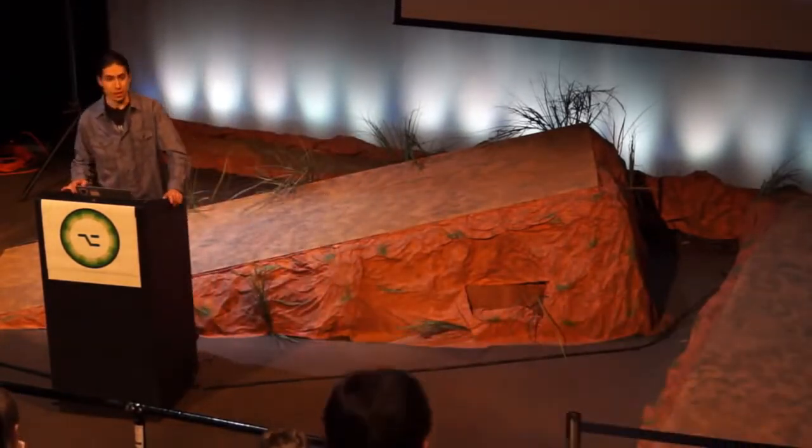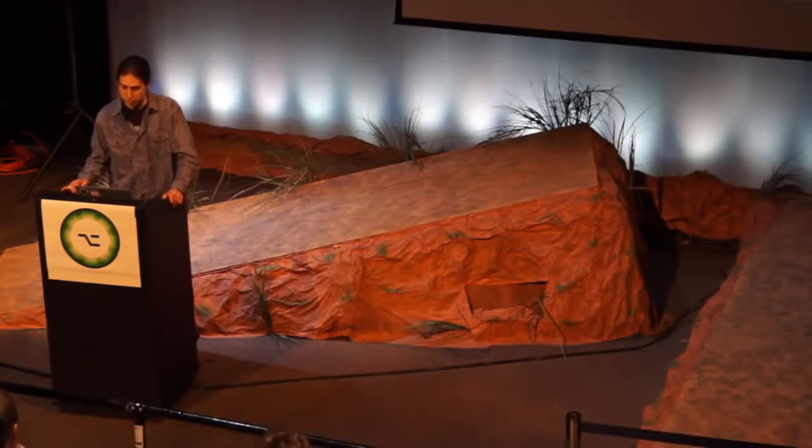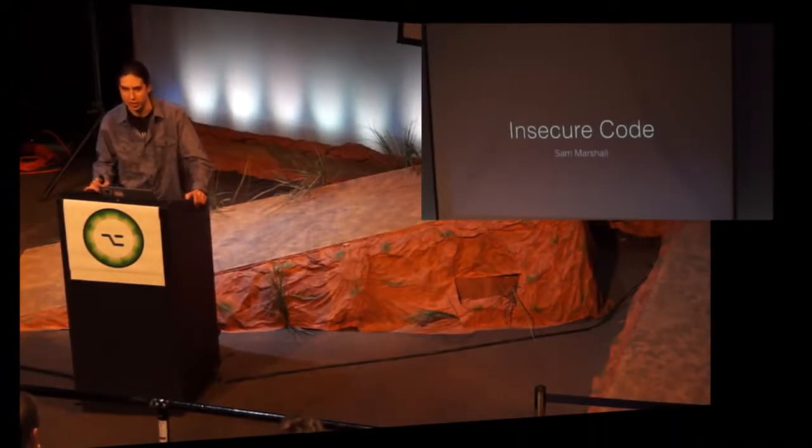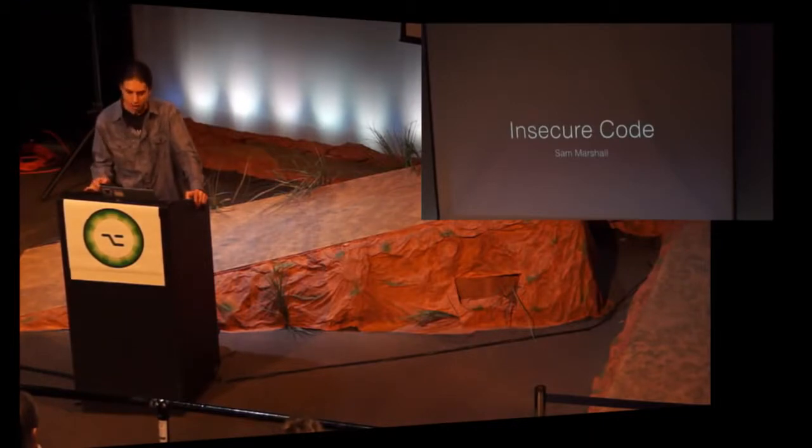Hello. So for my own talk, I decided to go with something a little bit different from everyone else. Talk about some insecure code. So what exactly does this mean?